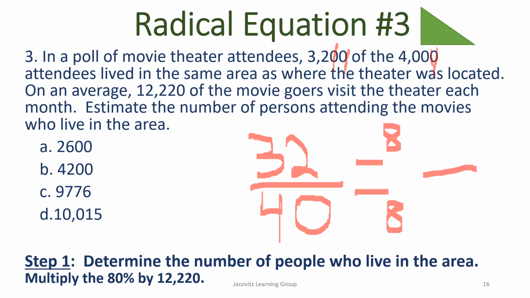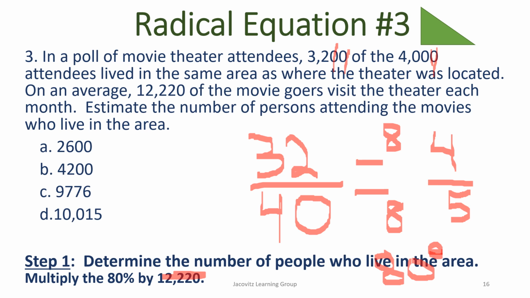Basic times tables. So 8 times 4 is 32. Eight times 5 is 40. So that's where you're getting this 80% from. Okay, so that's 80%.